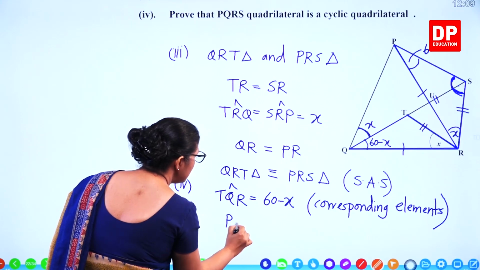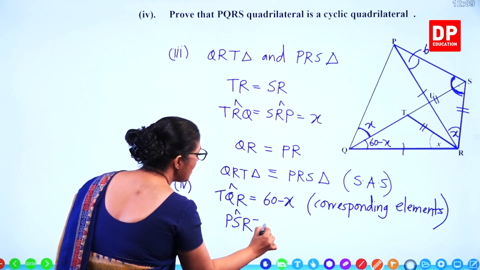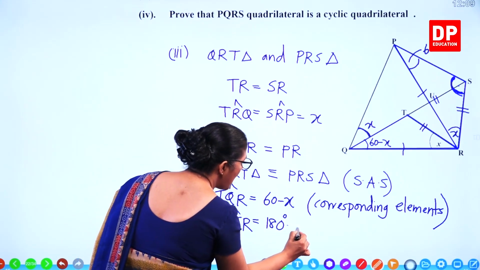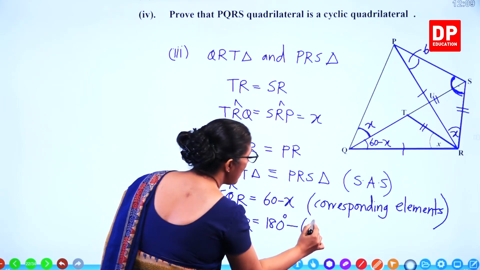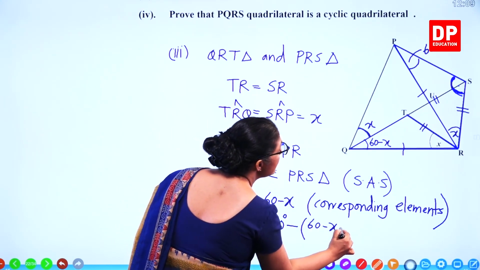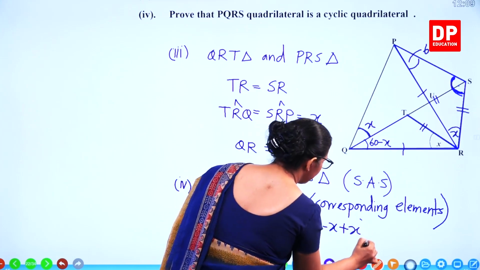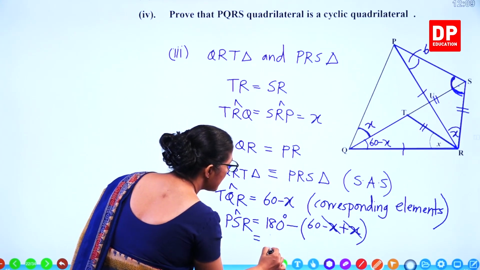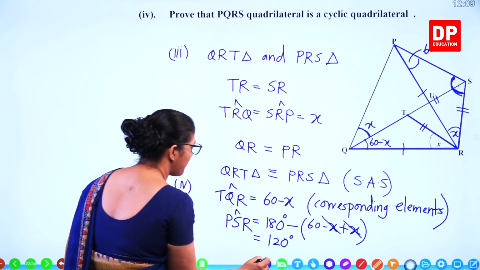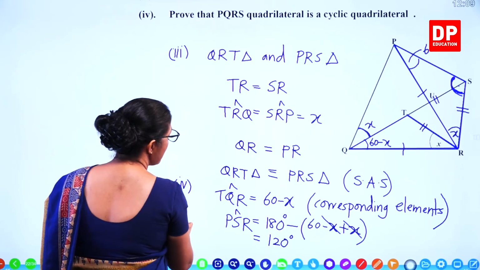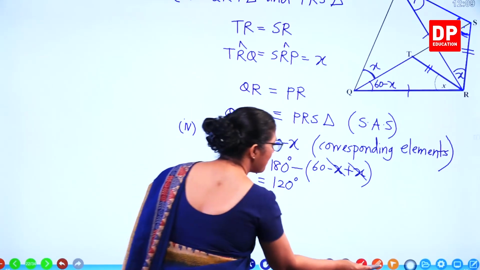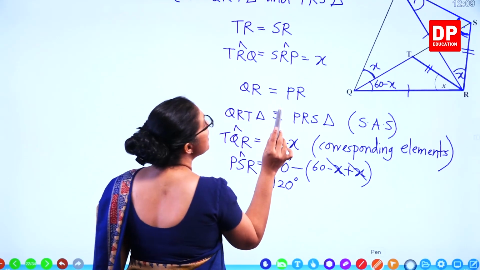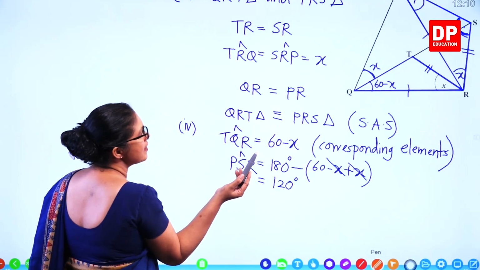So we can say PSR angle is equal to 180 minus the sum of the other two angles, 60 minus X and X. So you get 180 minus 60, 120. Now we have PSR 120 and PQR 60 degrees.